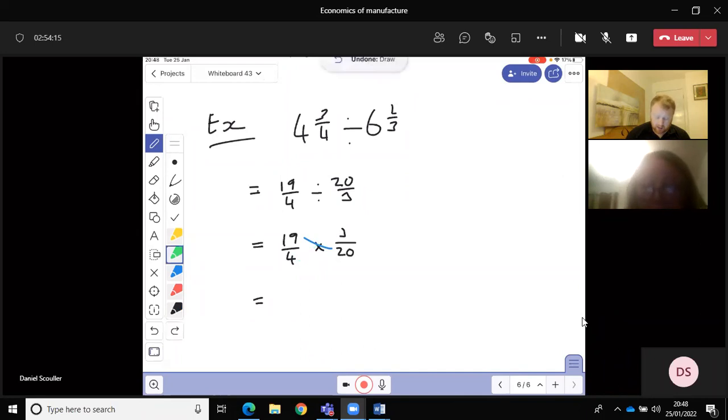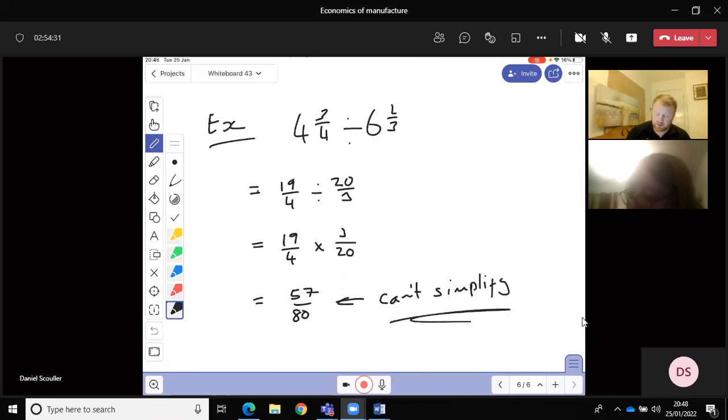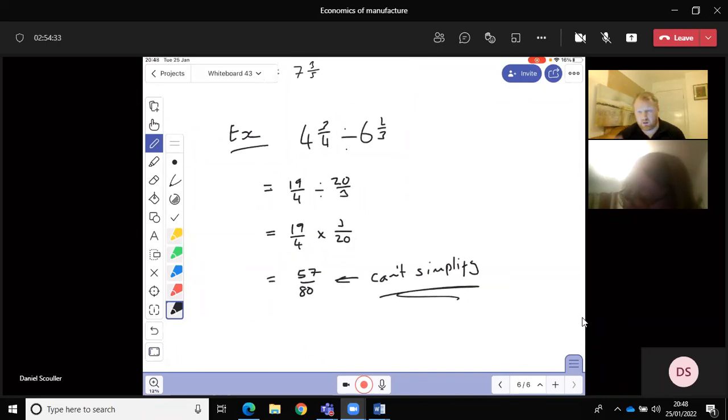Neither of which do. So just a case of going through it, and it's 57/80, and it's a rubbish example because that doesn't simplify. It's just another one to have there for reference.